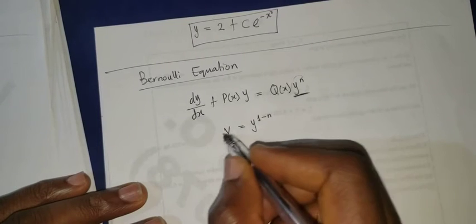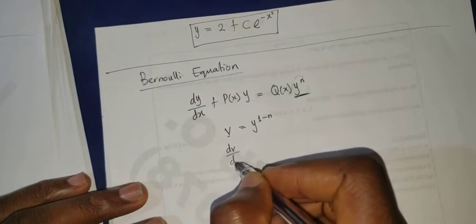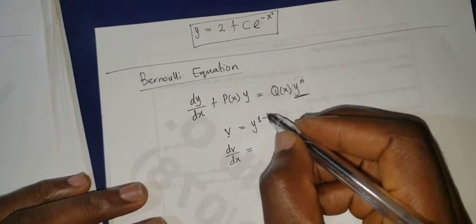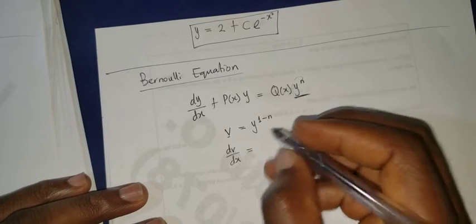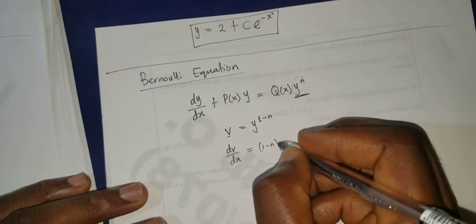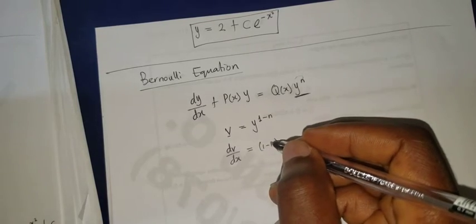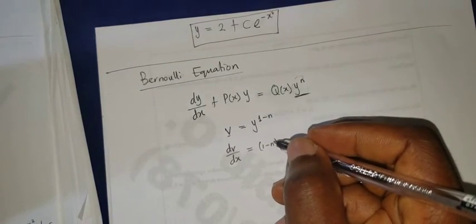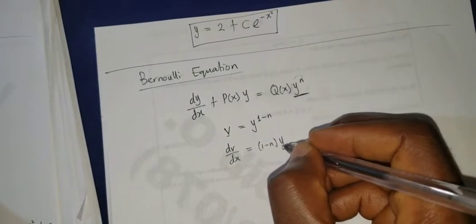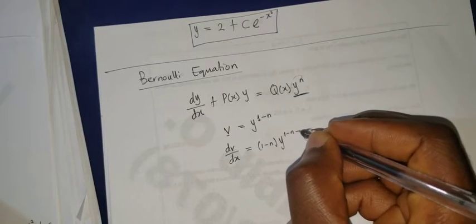But generally, of course, you can differentiate this now. If you want to differentiate this with respect to x, we're going to have dv/dx is equal to, differentiating with respect to y, 1 minus n, then y raised to the power 1 minus n minus 1.